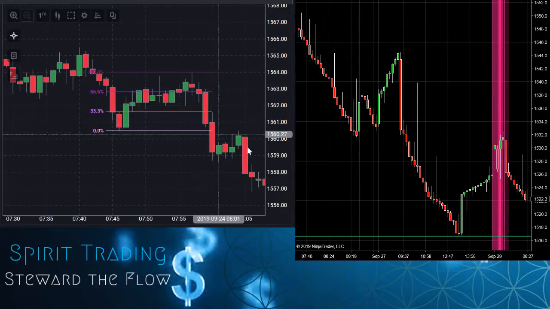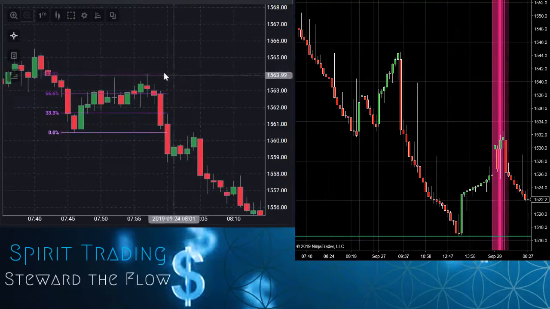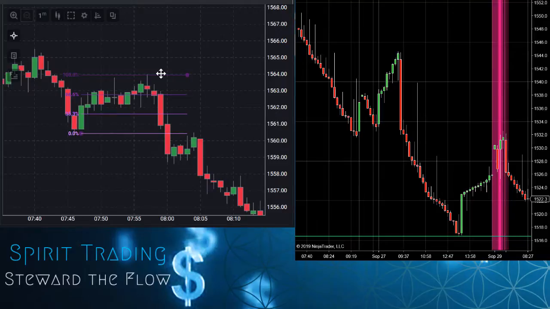Sometimes it wiggles around here before it keeps going. And that allows you to protect your investment if it decides to shoot back and turn at this. Let's look at an example.